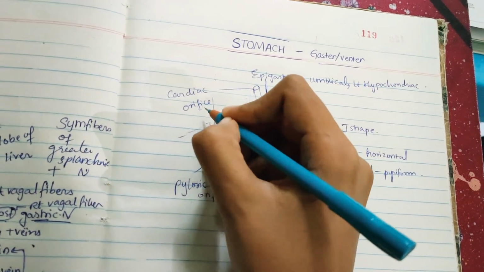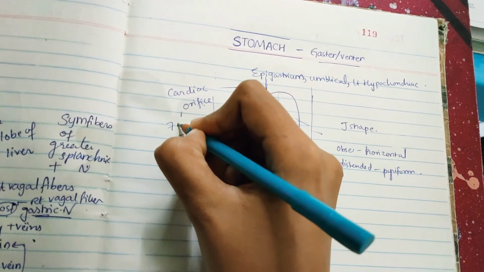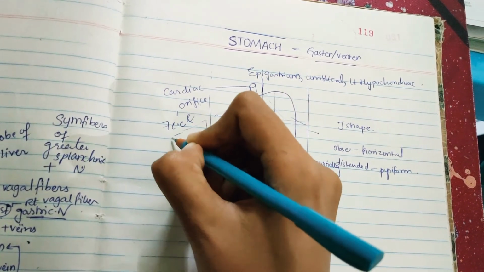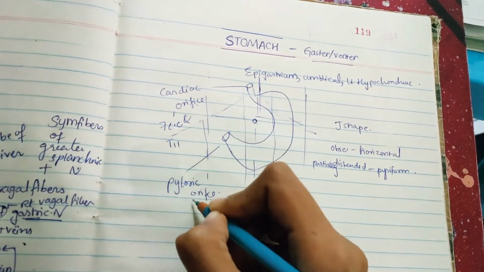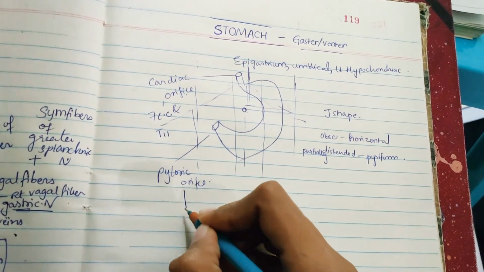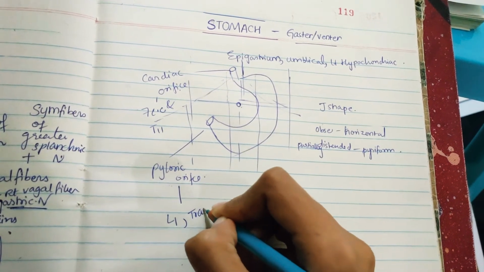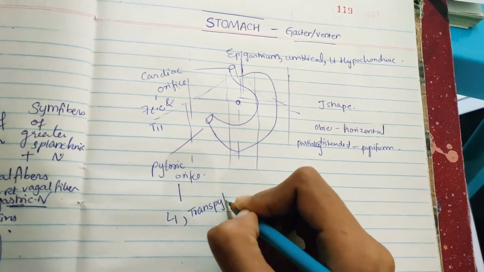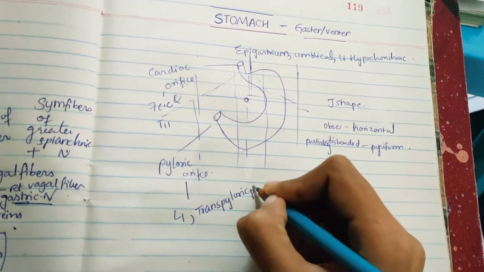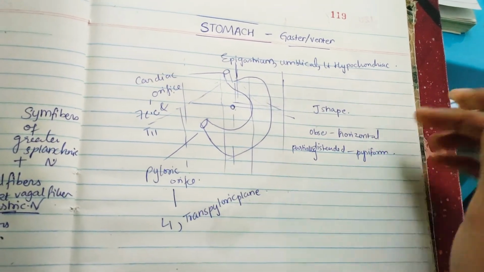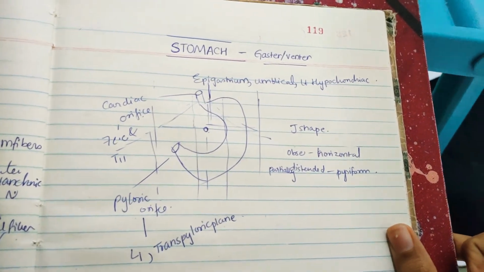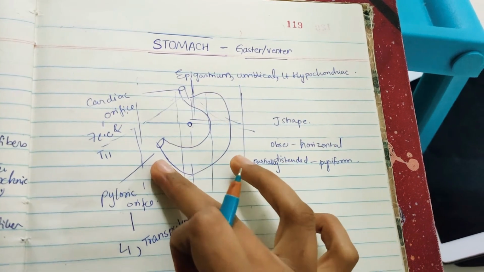The cardiac orifice is at the level of 7th costal cartilage and at the level of T11 vertebra. And the pyloric orifice is at the level of L1 vertebra, along the transpyloric plane. Okay, so these points are enough to know about the cardiac orifice and the pyloric orifice.